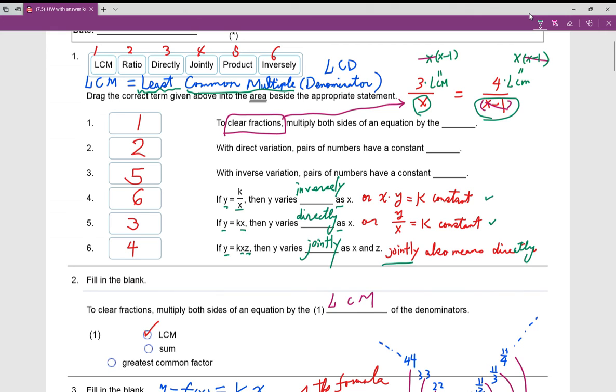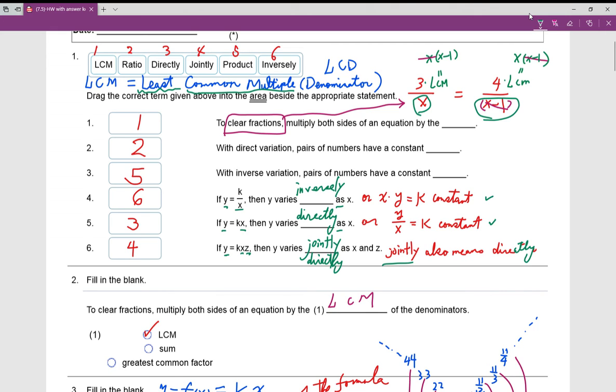Jointly means all the variables vary directly. So without telling you directly, jointly already means directly.